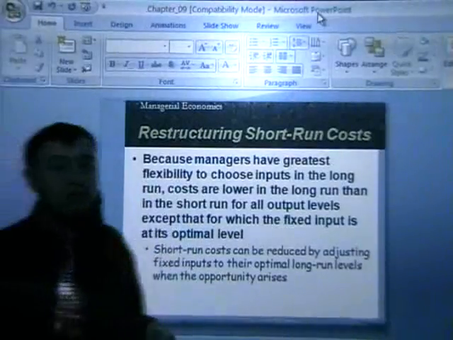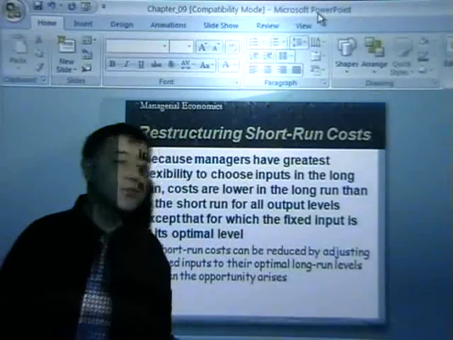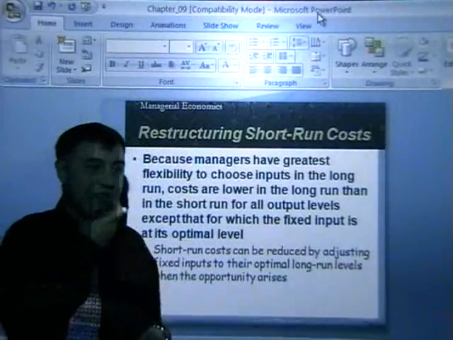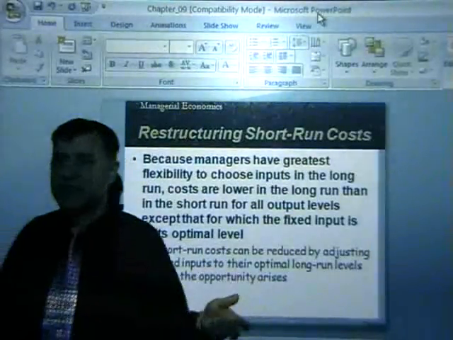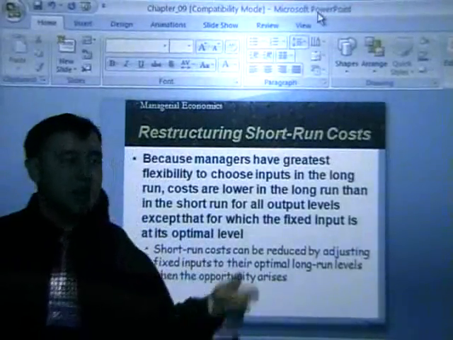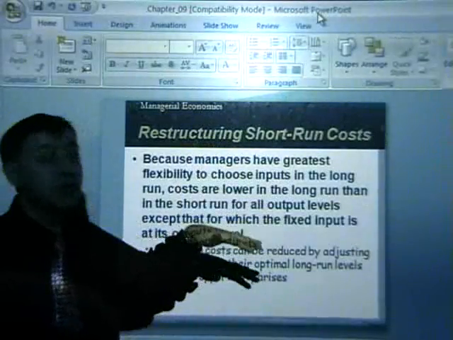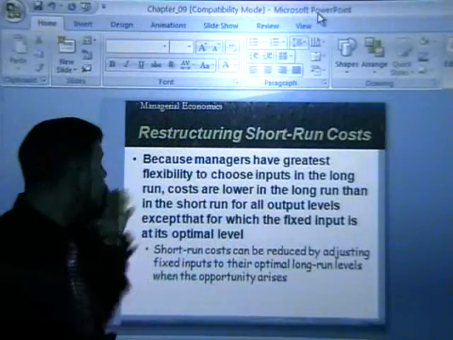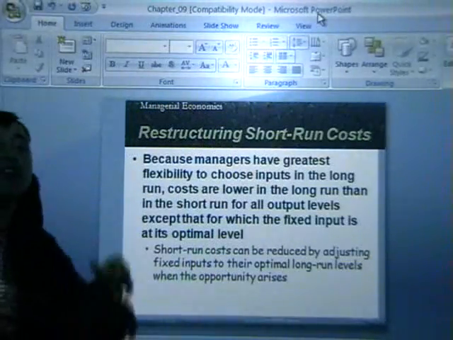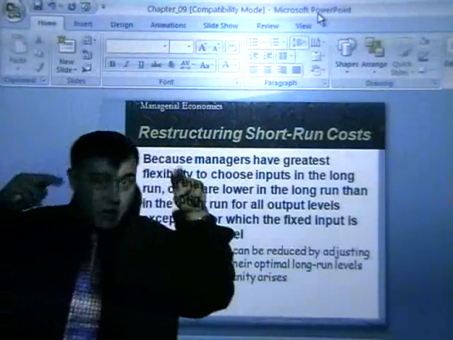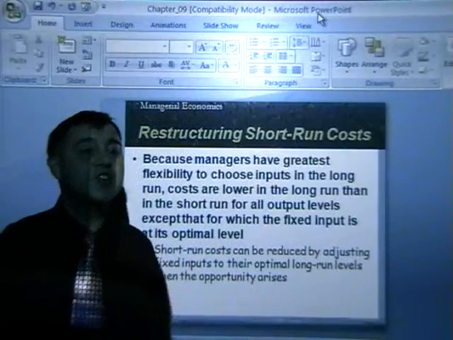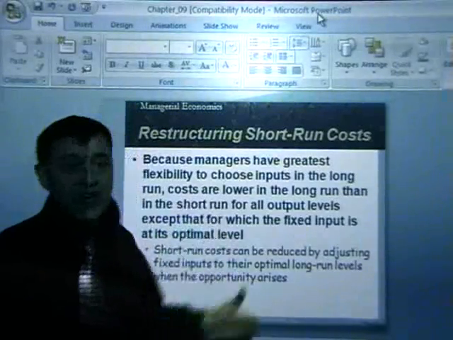For example, restructuring means a taxi company in Riyadh which opens with 1,000 taxi drivers and 1,000 taxis, and it turns out there isn't enough market for 1,000, so they keep running losses and losses and losses, and they cut down the workers to only 500, and the taxis to 500. So, the way to think in economics is that restructuring is associated with substantially changing one of the fixed inputs.